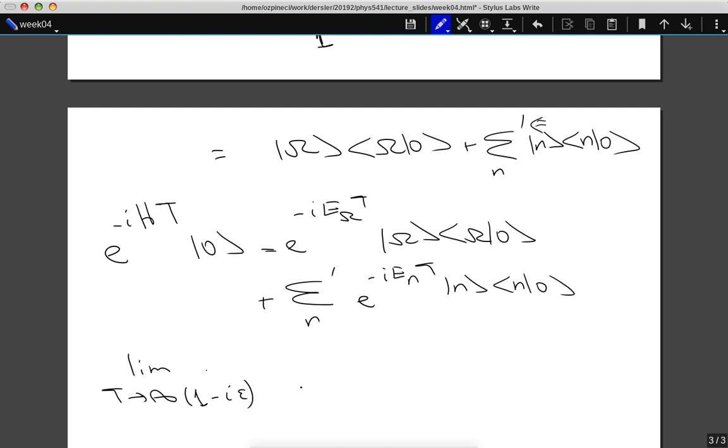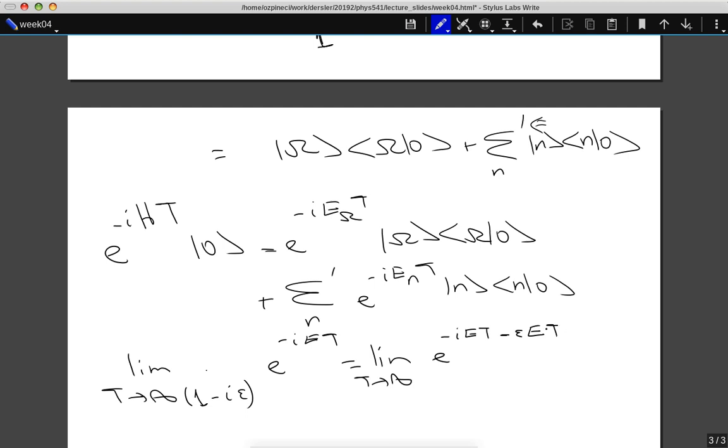So what happens in this case is e to the power minus i, let's say E of t. This becomes the limit as t goes to infinity of e to the power minus i E of t minus epsilon E of t.